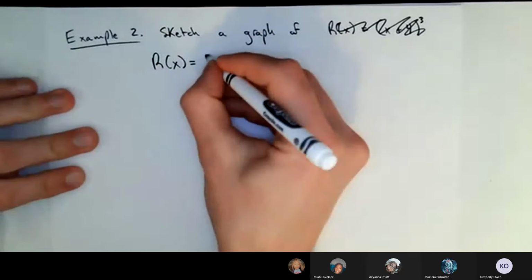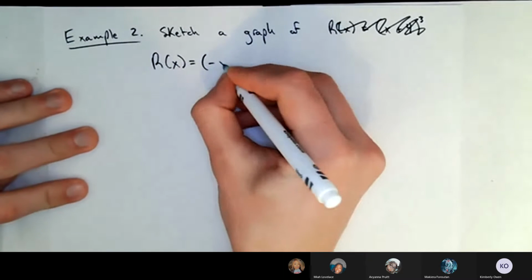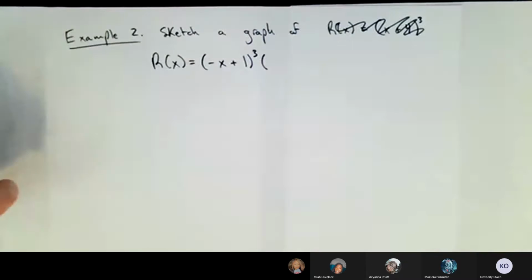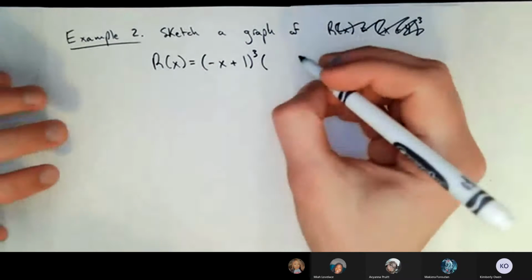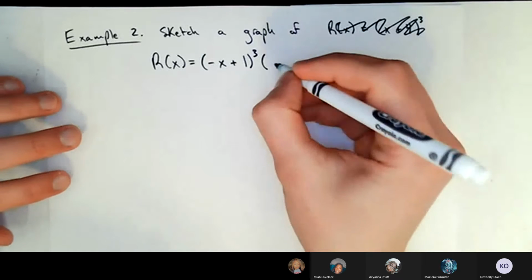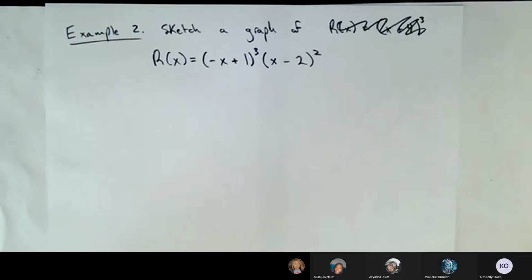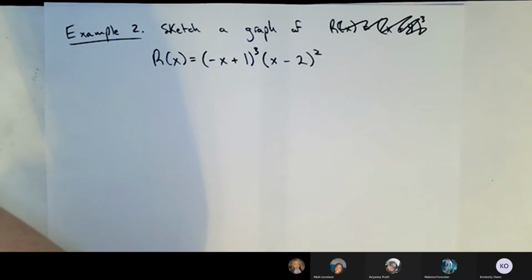So let's make it a little bit more interesting: negative x plus 1 all cubed, and then times x minus 2 squared. I'm going to have the graph ready so I can pop over and do that.